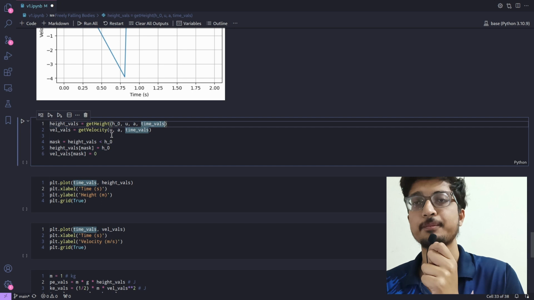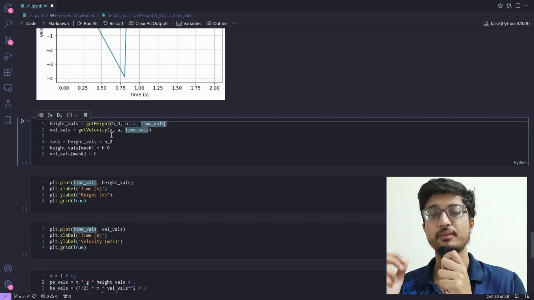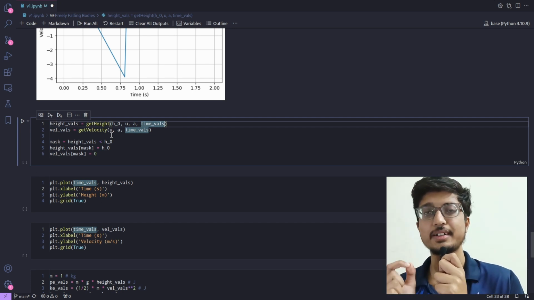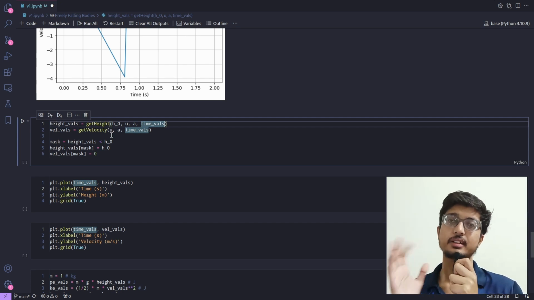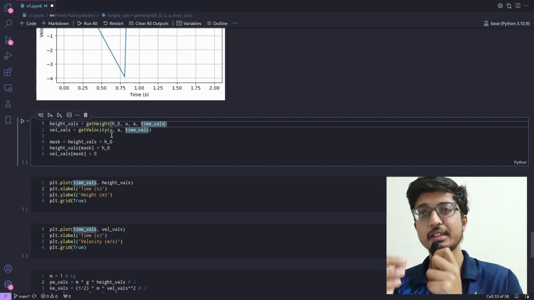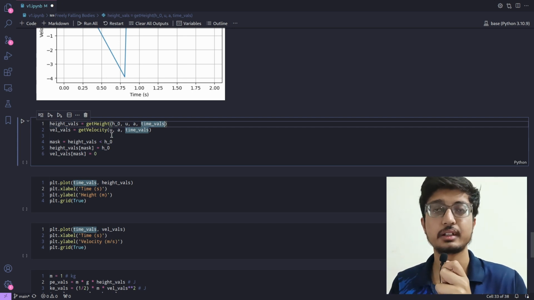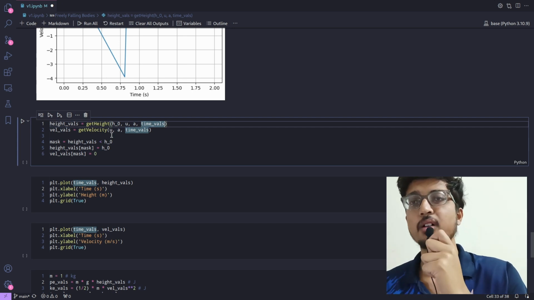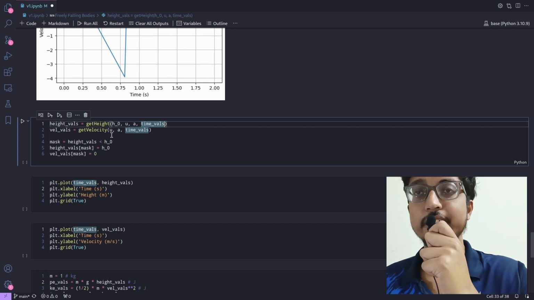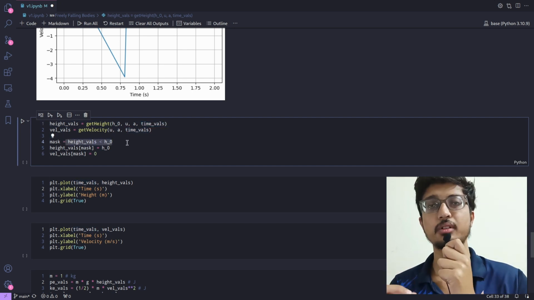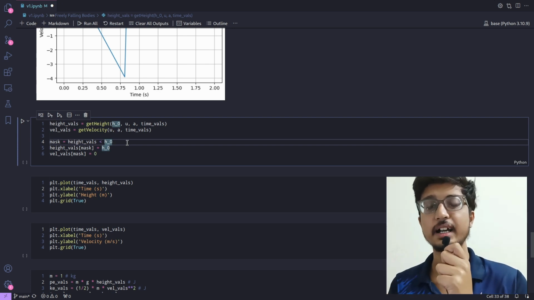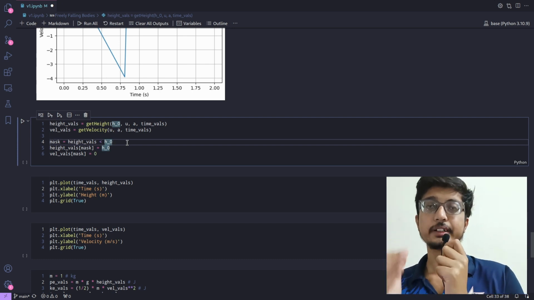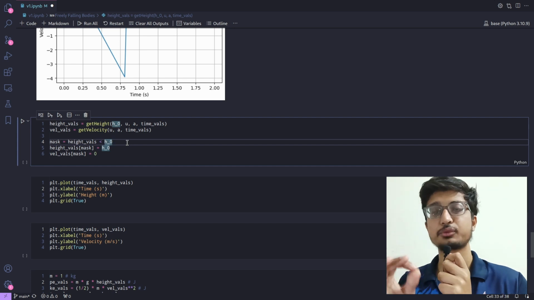and the velocity values. Now, to implement the if condition above, I am using a slightly advanced concept called masking. As I said before, this is not an in-depth Python tutorial, so please go ahead and check other tutorials for understanding this concept. But in brief, what's happening here is, on the right-hand side, I have defined a condition: if the values of the height in the array are lesser than the initial height, then that would return true, and those which are not would be false.